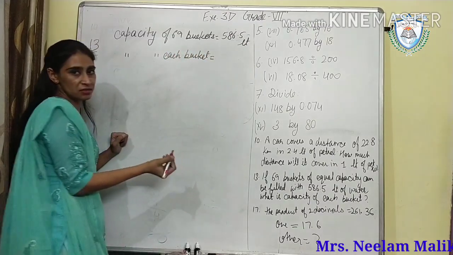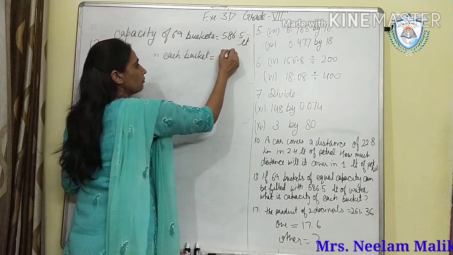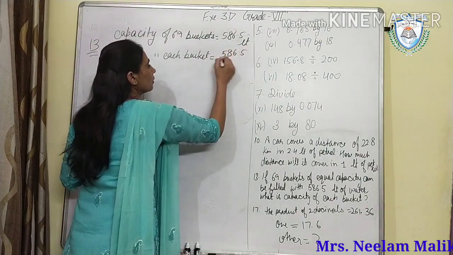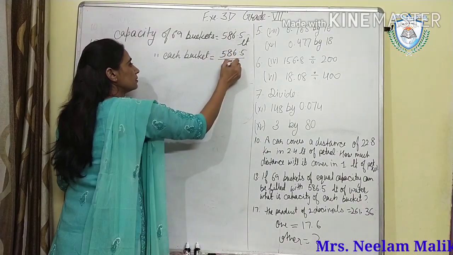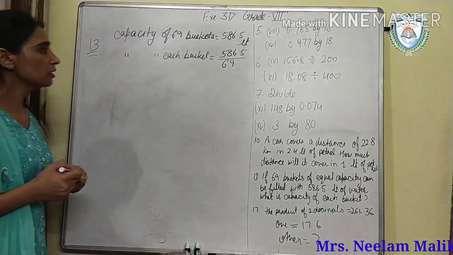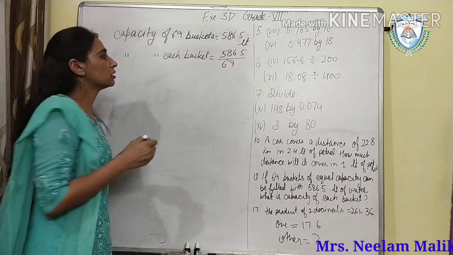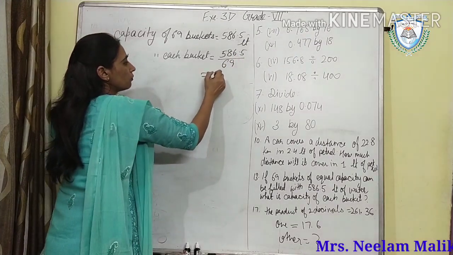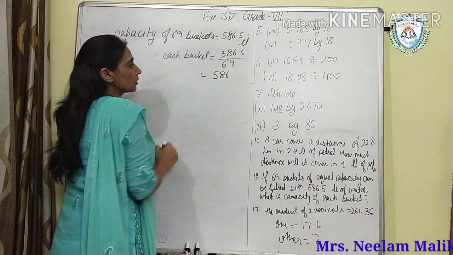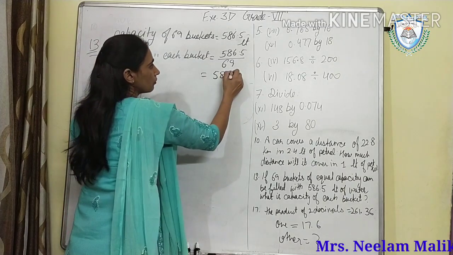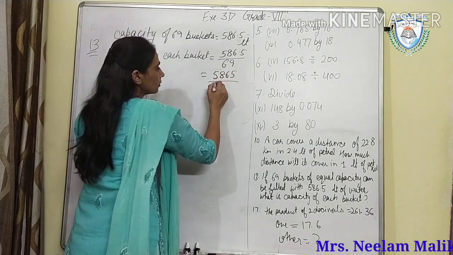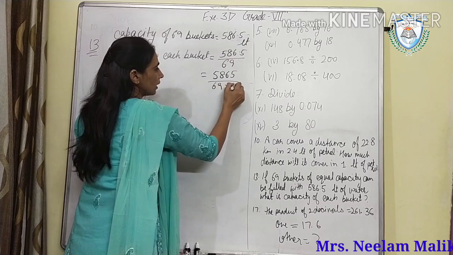That will be less. 586.5 will be divided by 69. We have to divide this. Here there is a decimal point; you can remove it, which multiplies by 10.